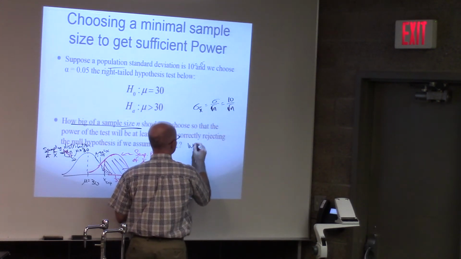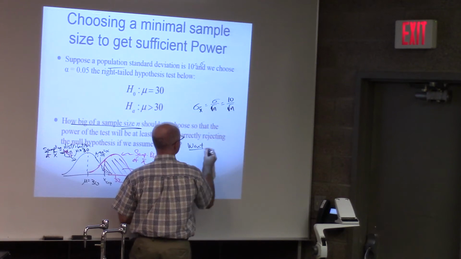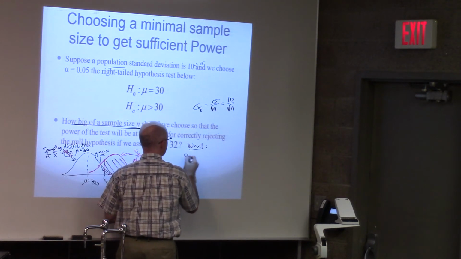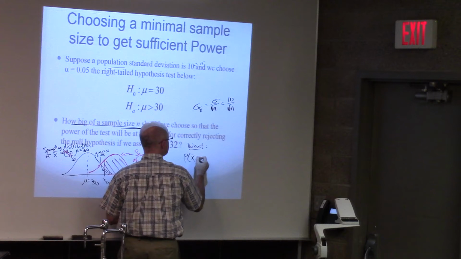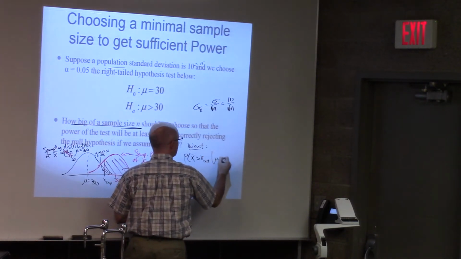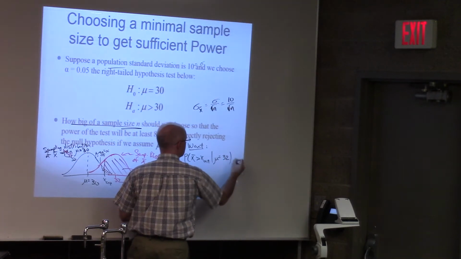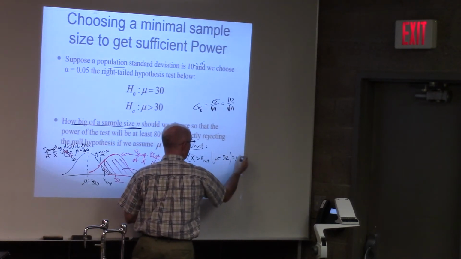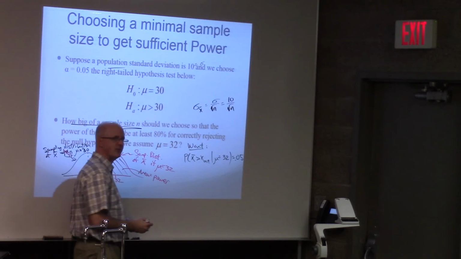We want to choose n so that the probability that the sample mean is to the right of the critical value when the null hypothesis is true, that would be an error, a type 1 error, we want that probability to be alpha, 0.05.